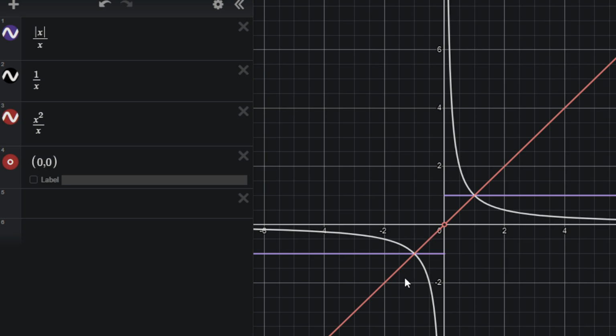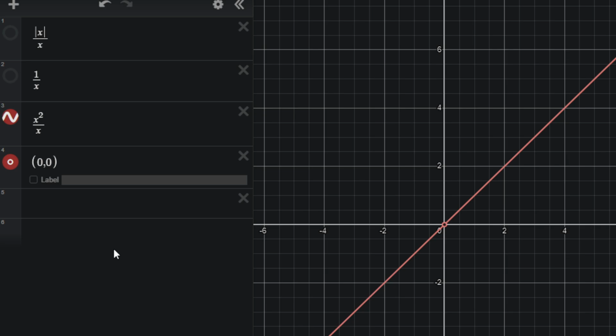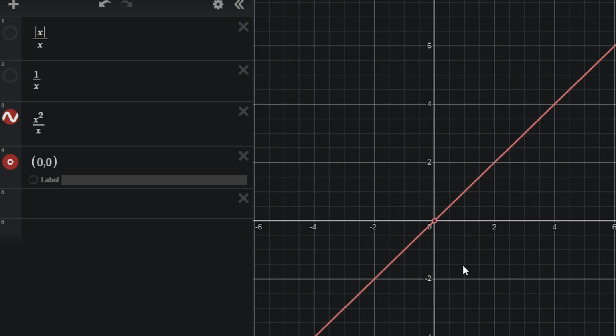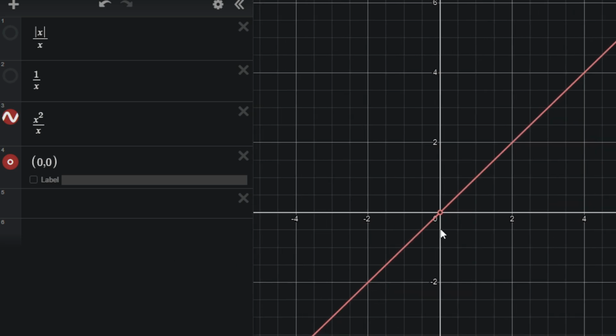But it's also clear that they all look different, right? They all kind of look different at 0. So these are all examples of a different type of discontinuity. So let's look at them all individually here. Let's just look at the red one first, the x squared divided by x.